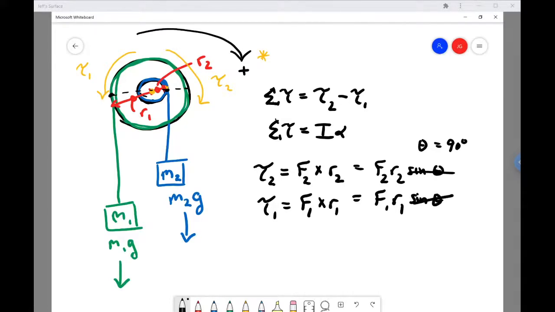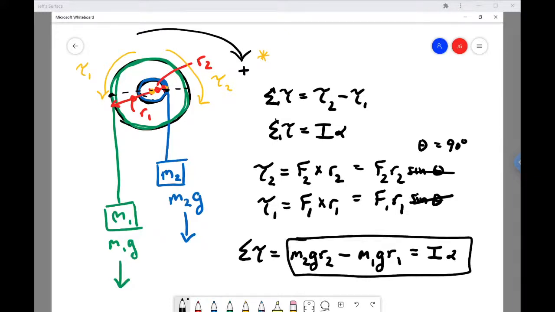So when you write out the net torque, what you have is torque 2 is equal to that force F2, which is the weight of mass 2, times R2, minus the weight of mass 1 times R1, and that's going to equal the rotational inertia times alpha. So you have this equation that governs the dynamics of what's going on.